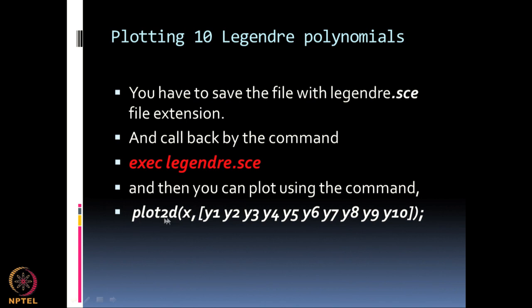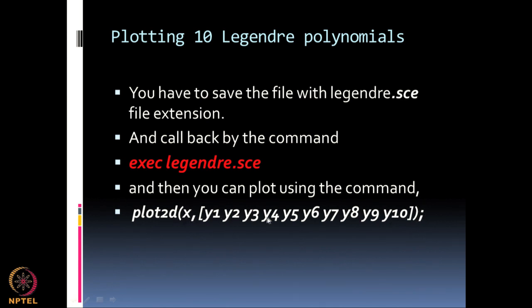And you know the plot commands. If I wanted to just plot y1, I will say plot2d bracket x comma y1 bracket complete. But since I have 10 of them, I will plot it like this: plot2d, round bracket, x comma, then a square bracket, y1, y2, y3, y4, all the way up to y10, square bracket complete, round bracket complete, semicolon.